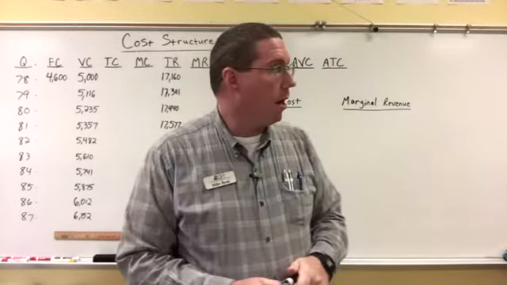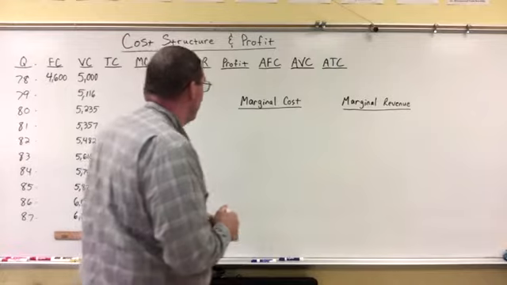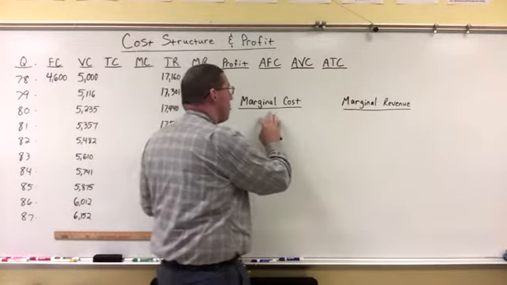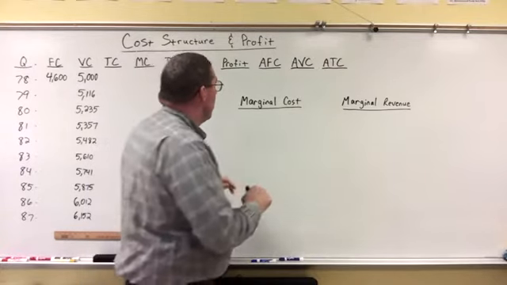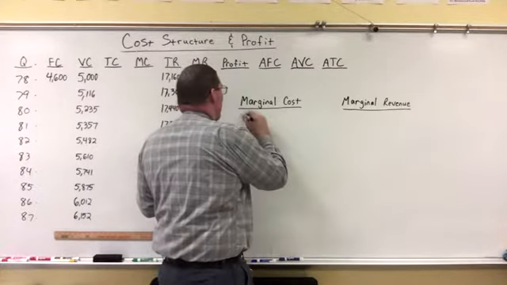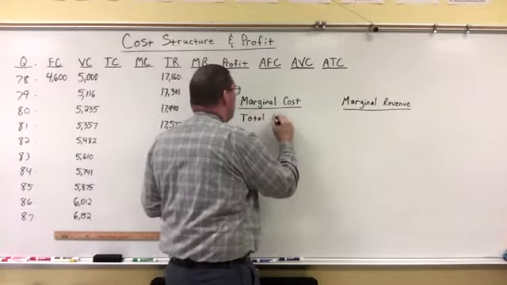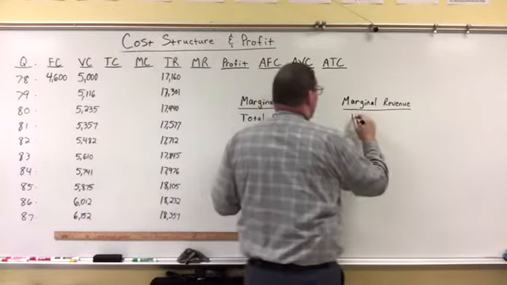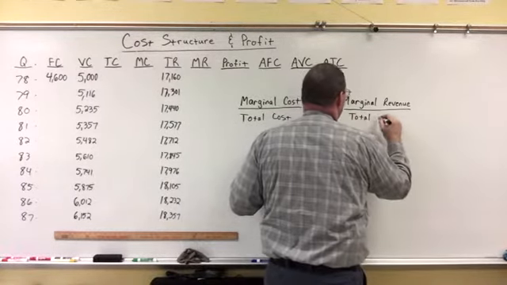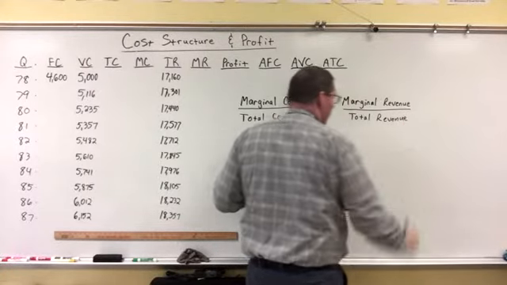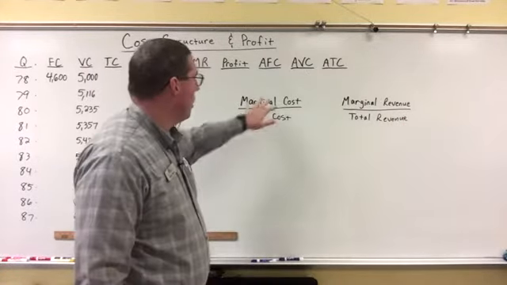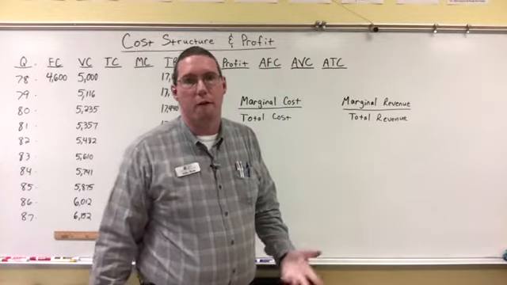Okay, so let me just give you a quick introduction or a quick description of what is marginal cost and what is marginal revenue. Well, marginal cost and marginal revenue are related to total cost and total revenue. So if you understand total cost and total revenue, then you will be okay understanding marginal cost and marginal revenue.